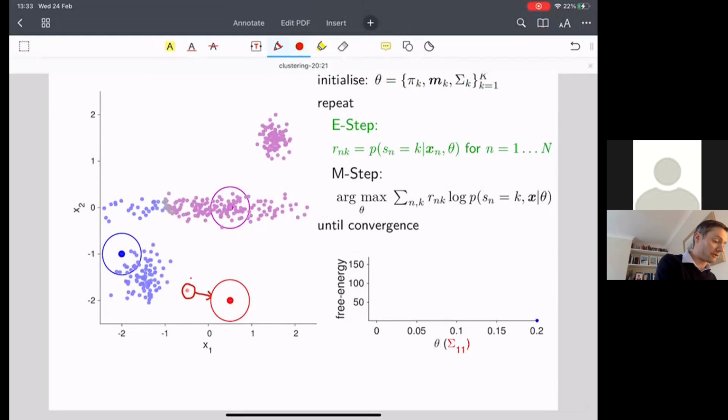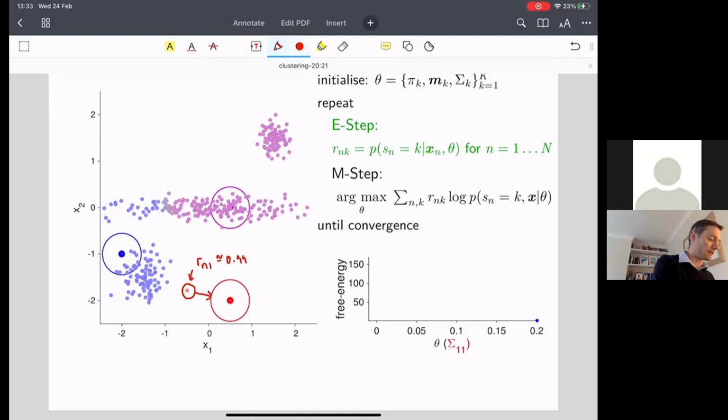That means the responsibility, the probability that data point n comes from cluster 1, is getting very, very close to 1, and there's no other data point assigned to this cluster with high probability at the moment.